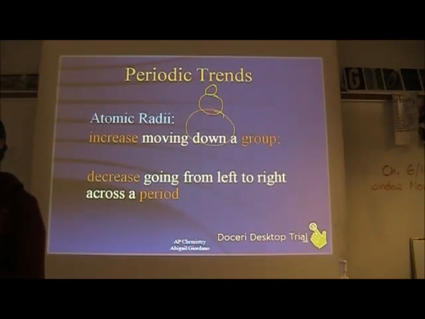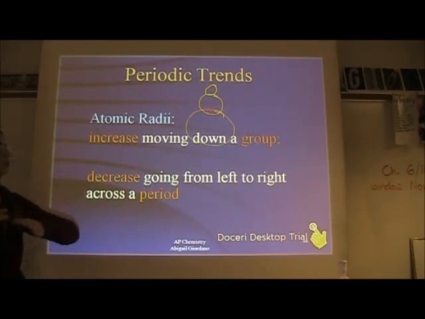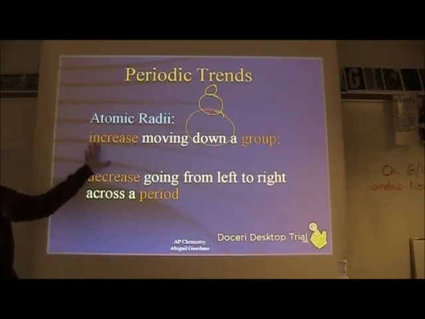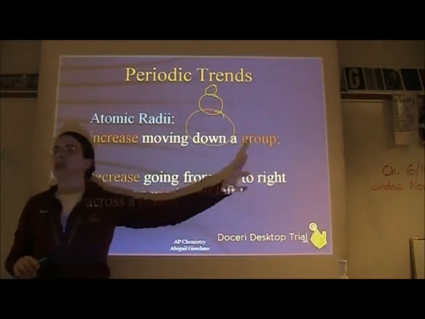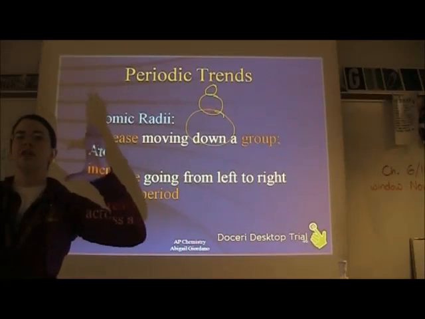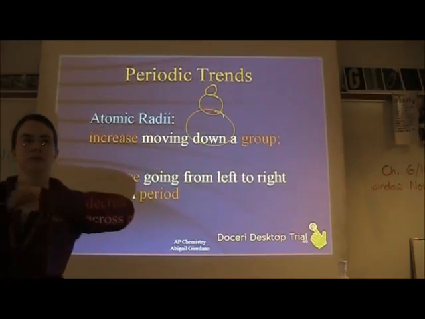And you can't say because of the snowman. Do not say that on a test. There are more energy levels. There you go. Atomic radius increases as you move down a group because you have increasing number of filled energy levels. Period.